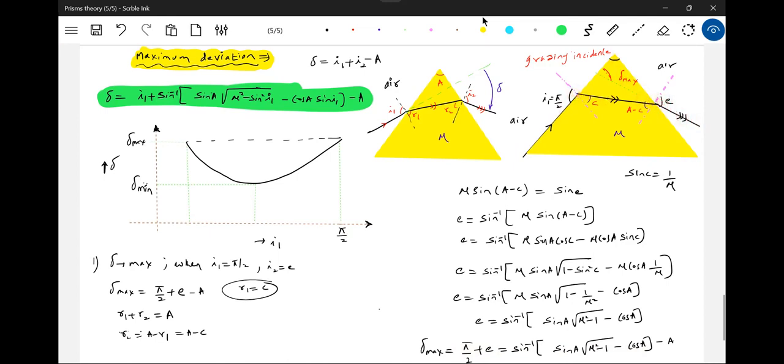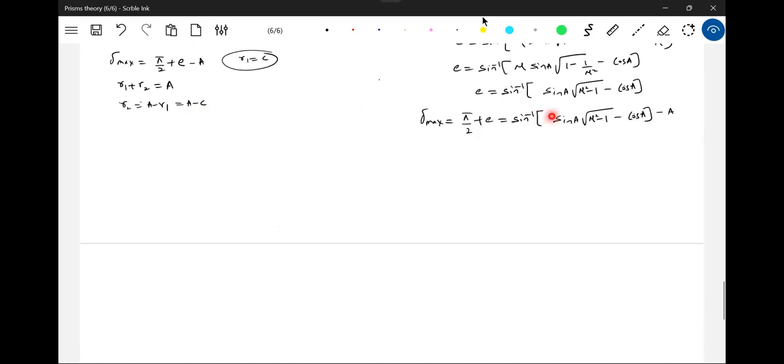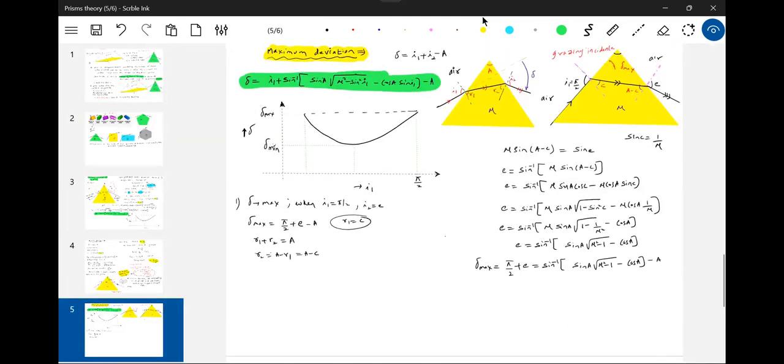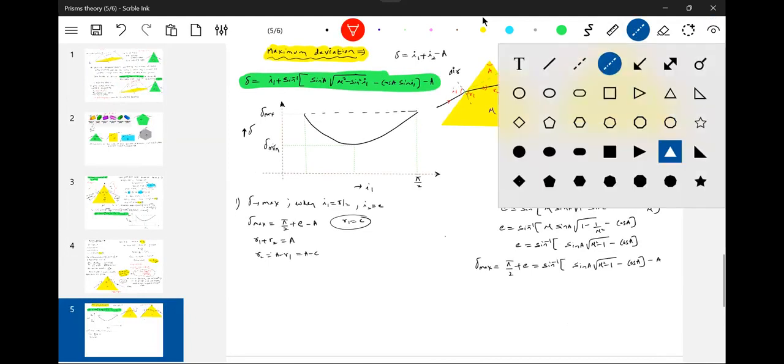So I'll draw the diagram better. Everything I'll show in one specific frame.